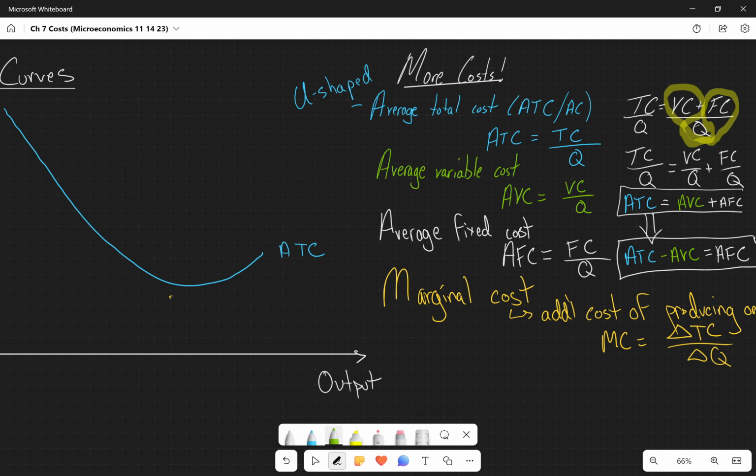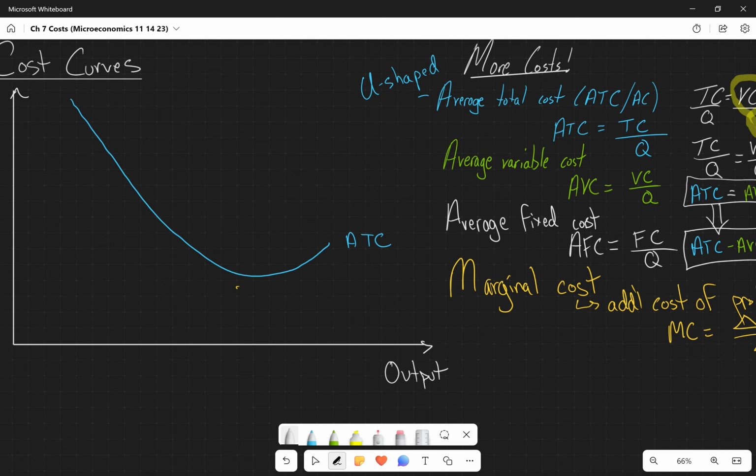So we're going to put the average fixed cost really quick, but we're not going to keep it, okay? So the average fixed cost starts at some high value, and then it decreases, decreases, decreases, and it gets closer and closer to zero. So our average fixed cost starts out at some distance, and then it gets smaller and smaller and smaller.